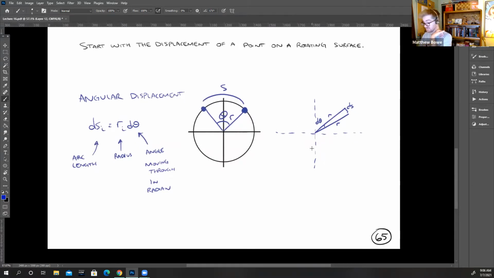Since we are transferring to radians, we need to know that if we do have a change of angle, it's just S over R. Whatever the arc length is divided by the radius. In radians, we have the arc length of a complete trip around a circle.